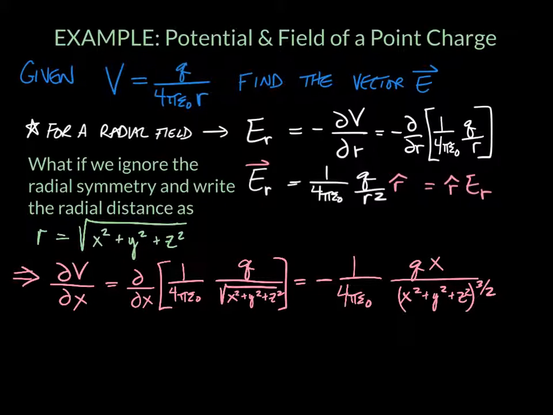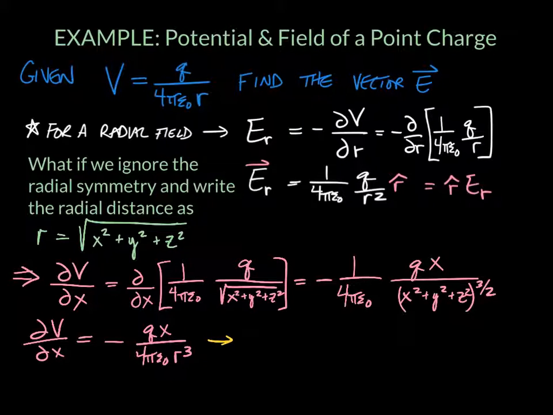Well, really, isn't that just r cubed? Isn't that to the 3/2 just r, which was that thing to the 1/2, cubed? That really is just r cubed. And so we just get a minus qx over 4 pi epsilon naught r cubed.